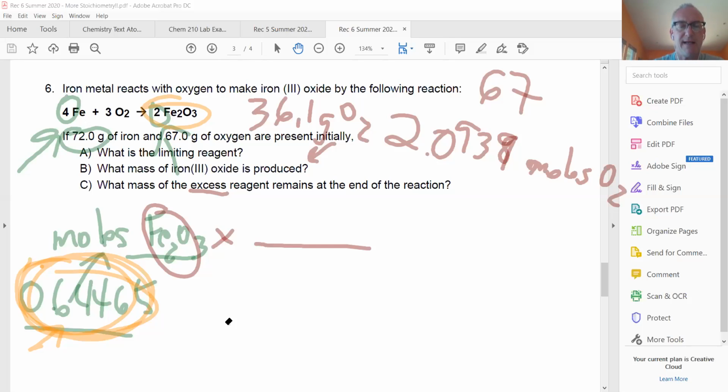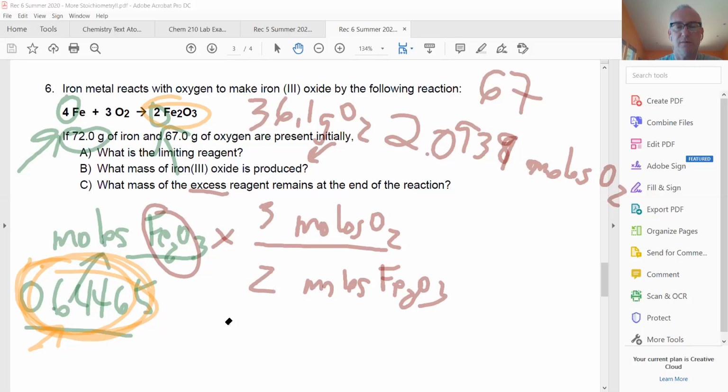So we do that by taking the moles of Fe2O3 that were produced, and so we put moles O2, moles Fe2O3, and we know that it's 3 to 2. So that tells us how many moles of oxygen were consumed.